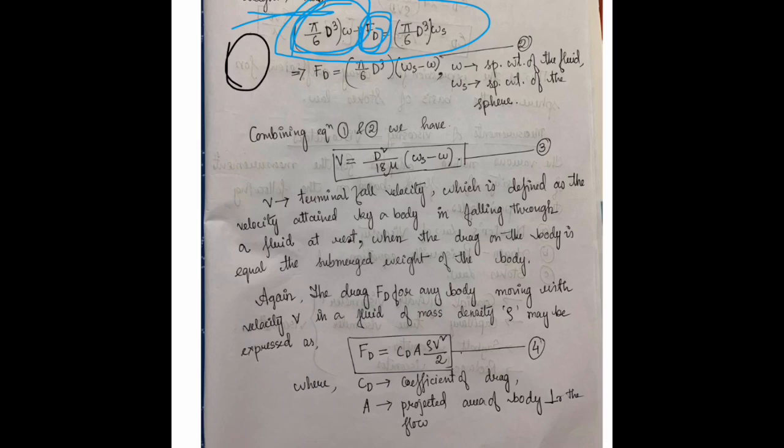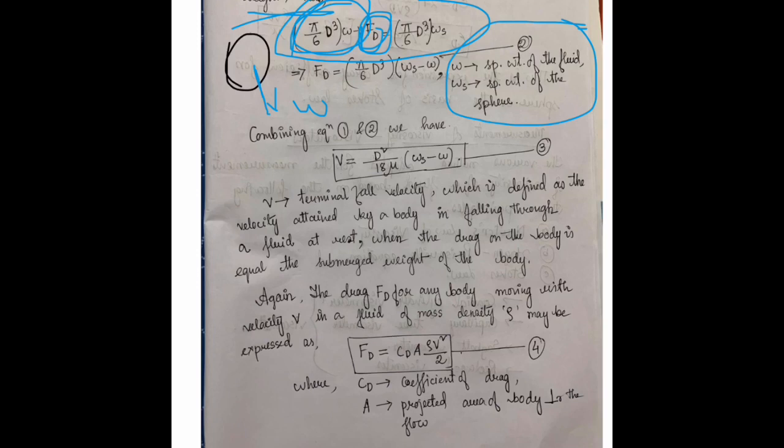So if you combine equation 1 and equation 2, it comes out as v equals d² divided by 18 mu into (ws minus w).